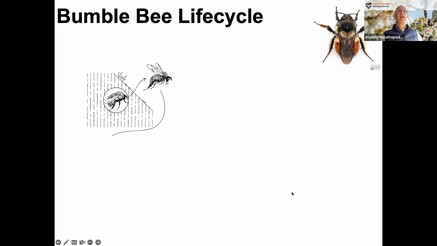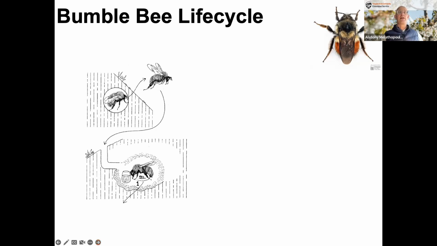But out they fly. What you'll next notice is this kind of behavior. The next thing they're going to do is find a place to make their nest. They can't excavate their own nest, so they're looking for a pre-existing cavity, often rodent burrows.